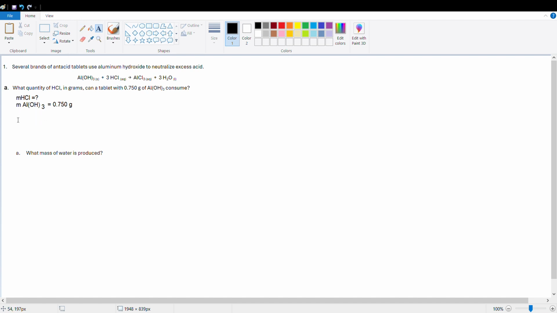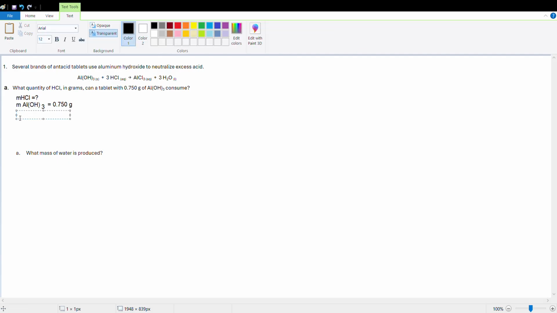So I can quickly find the moles of aluminium hydroxide, which is mass over Mr. We have 0.750 divided by Mr of aluminium hydroxide, which is 78. You can calculate it.